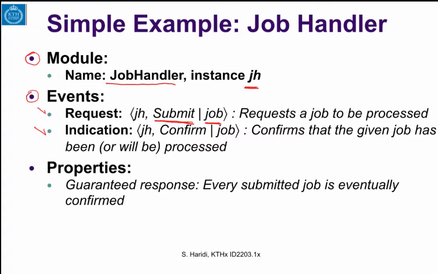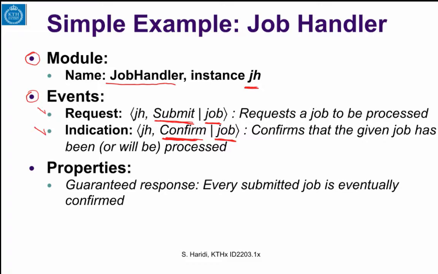So with a request event, the environment of this component requests a job to be processed. An indication event is an event confirming that the job has been or will be processed. We call it a confirm event, and it also has an identifier for the job.